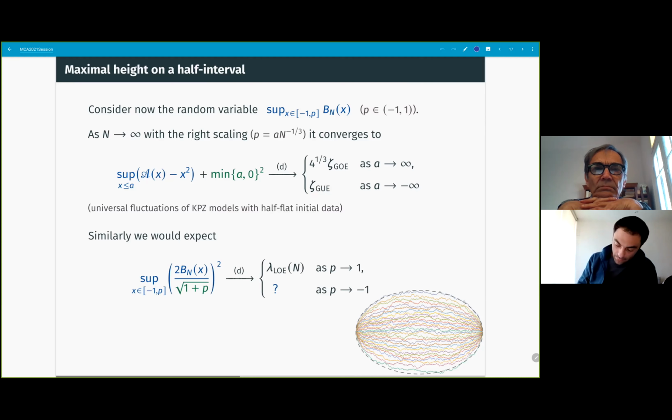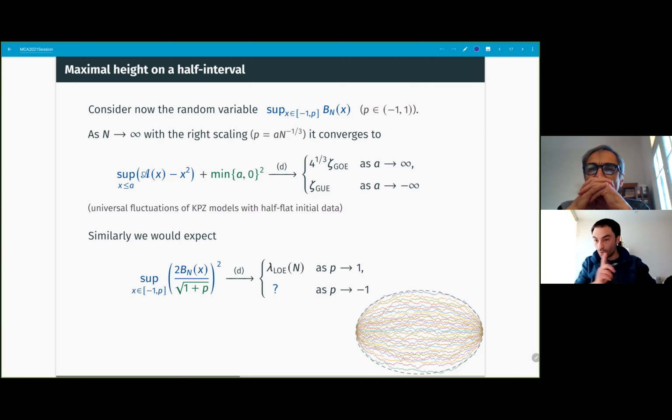One has to choose the scaling carefully here, though it's not very relevant. So again, I'm going to look at the supremum over this half interval of the top Brownian path, squared just as it was squared before, but that's really not very important. Now, let's forget about this green part again.